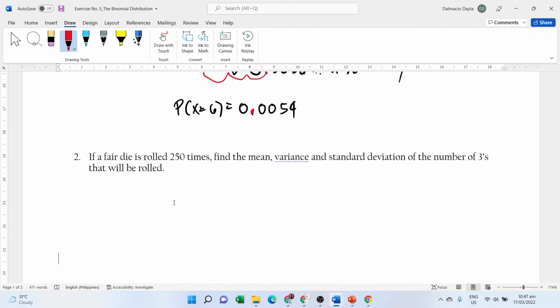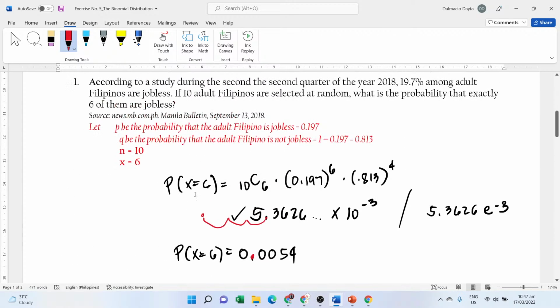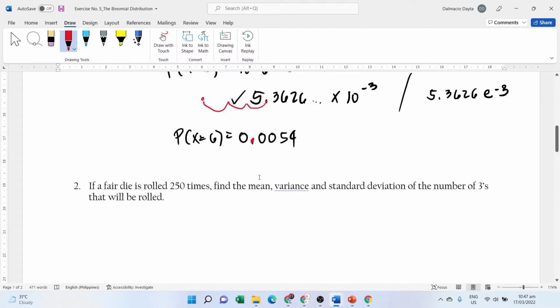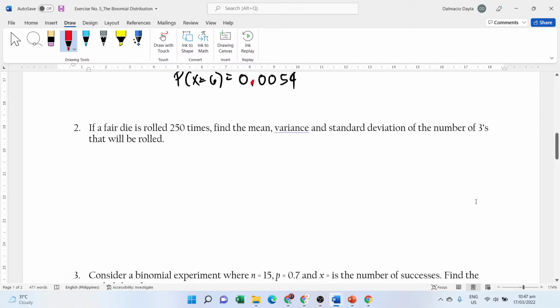binomial means there are only two results. Either jobless or not jobless. Dalawa lang, kaya binomial. This time naman, the two results will just be 3 or not 3. Now, for the mean, variance and standard deviation, the formula: the mean is n times p, n is the sample size, p the probability of a success.